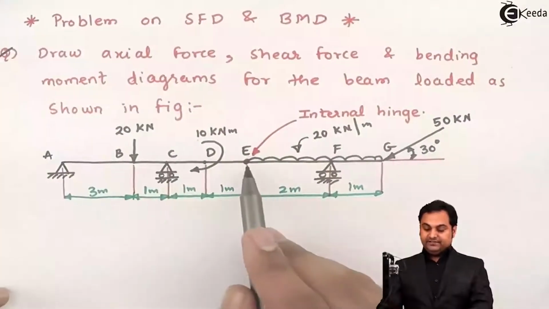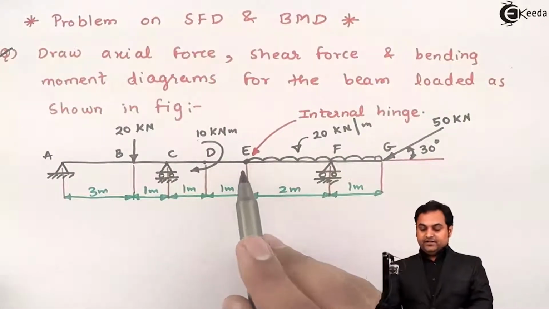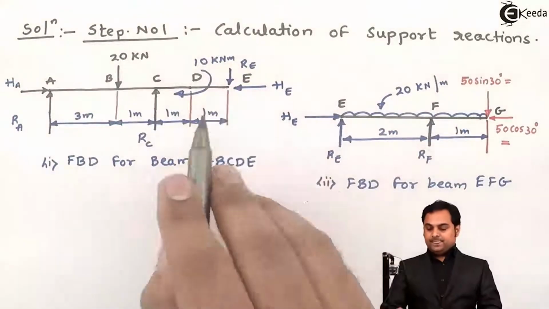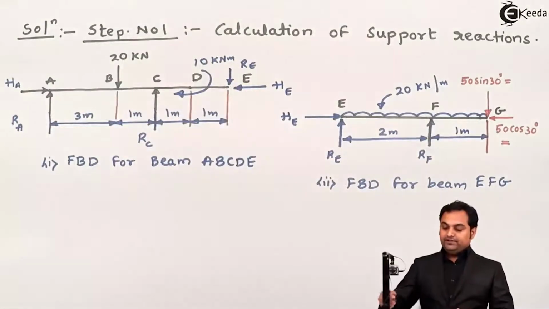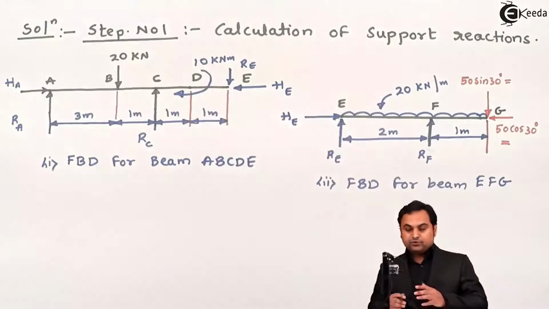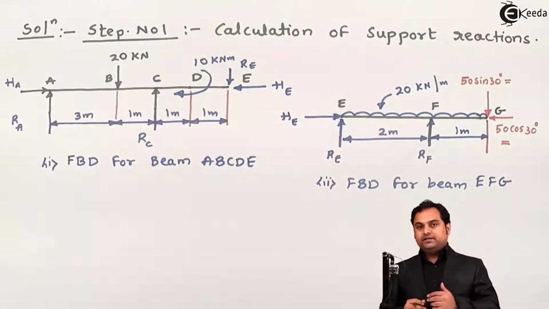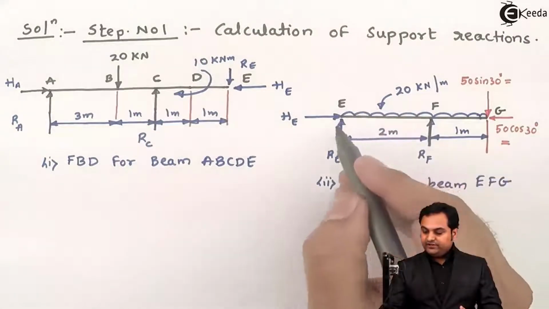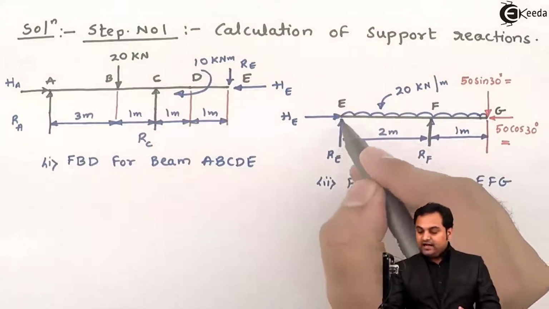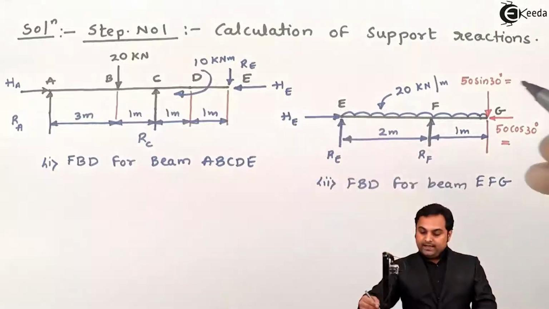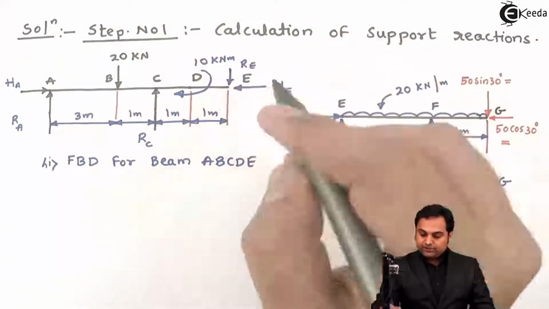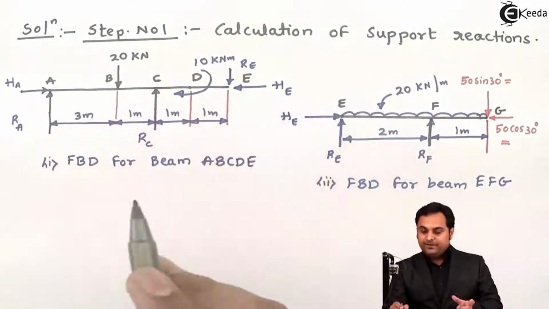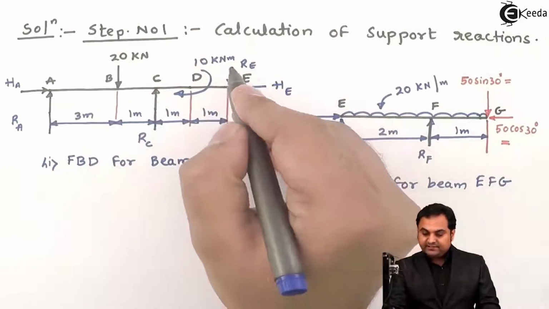After that, at the internal hinge there won't be any reaction, but here I am introducing two reactions. If I consider EFG, there is RE acting upward at point E, and in the ABCD portion of the beam this RE is acting downward.